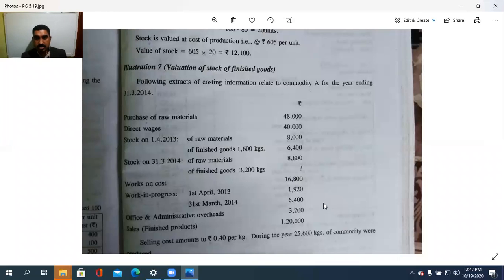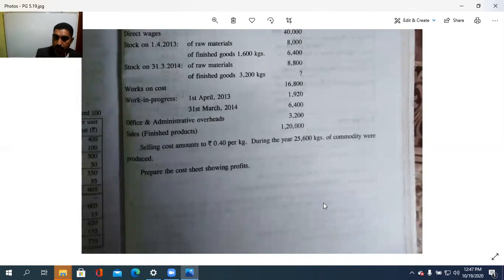Works on cost 16,800, work in progress 1,920 opening and 6,400 closing, office and administration 3,200. Total sales 1,20,000 and selling cost 0.40 per kilogram. During the year, 25,600 kilograms of commodity were produced. Prepare the cost sheet showing the profit.